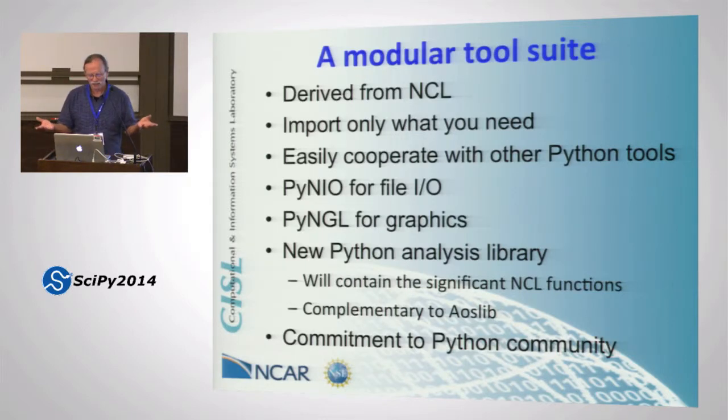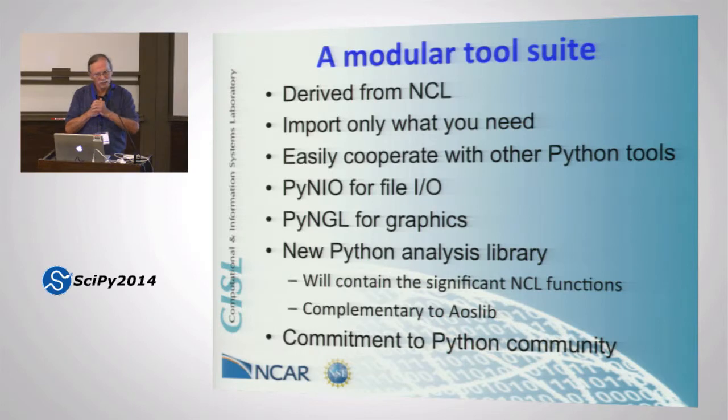I should say that PyNIO is just part of what we offer in Python. We also have PyNGL, a graphics module, and it's basically the same graphics as you would get from NCL, if you're familiar with that. And it cooperates with other Python tools, and we hope to have soon a new Python analysis.